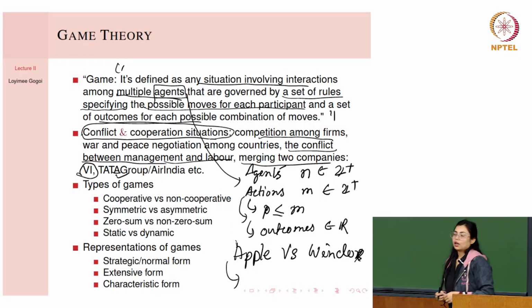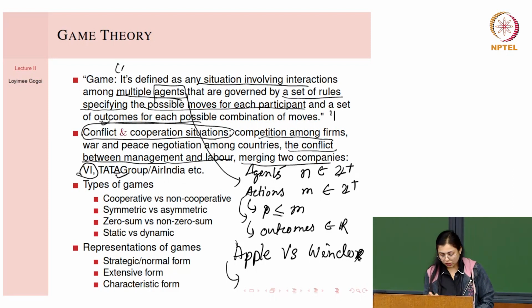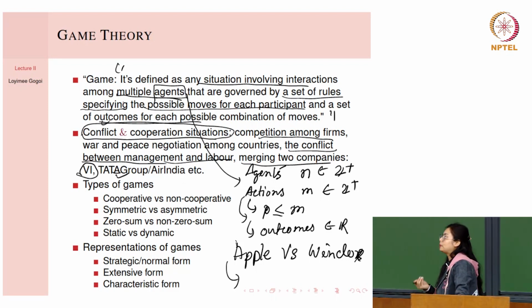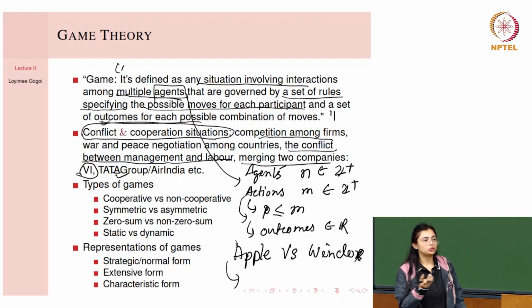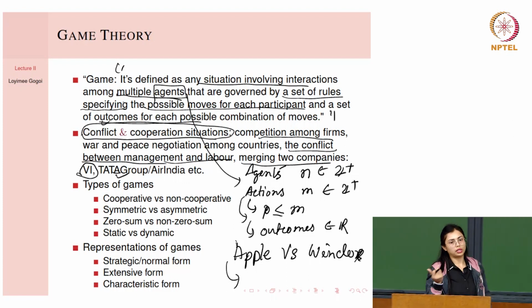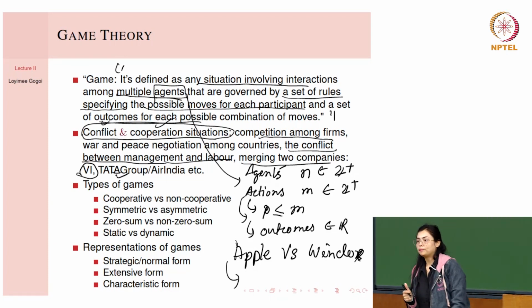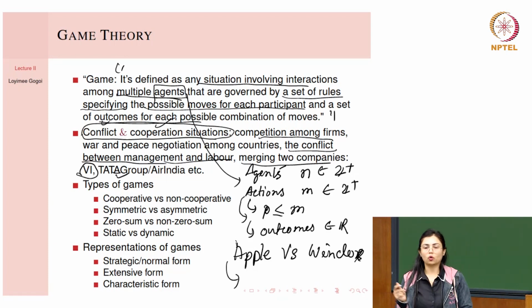So as I said, in a conflict situation, players always play individually. They have strategies, actions, and they try to choose their best strategies so that they will gain more. But in a cooperative situation, their strategy is what? They make coalitions.